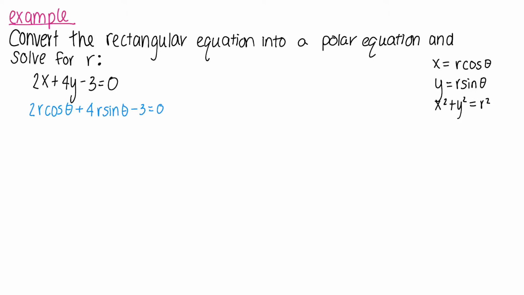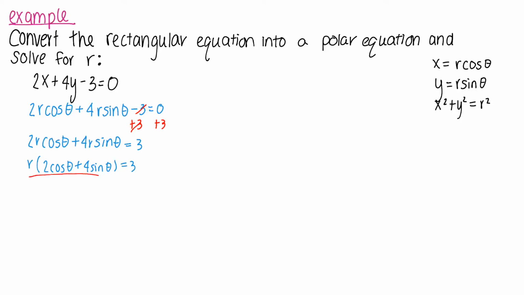So I want to move this 3 to the other side so that everything on the left side has an r in it, and I can pull an r out. So 2r cosine theta plus 4r sine theta is equal to 3. I am going to pull an r out on the left-hand side. I'm left with 2 cosine theta plus 4 sine theta equal to 3.